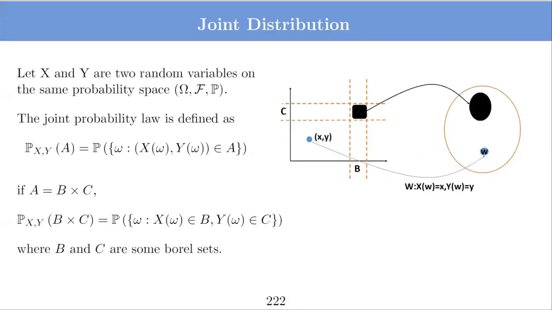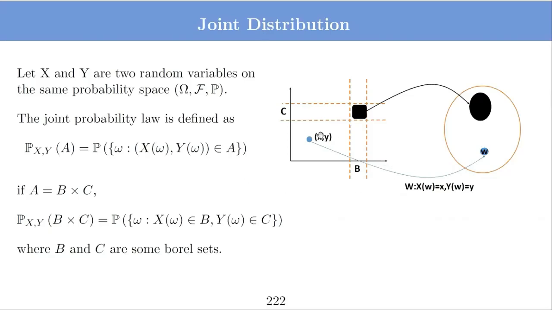So let us see this. Let x and y be two random variables on the same probability space (omega, F, P). Then if x takes values in the real line and y also takes values in the real line, you can basically see that this is a 2D plane.